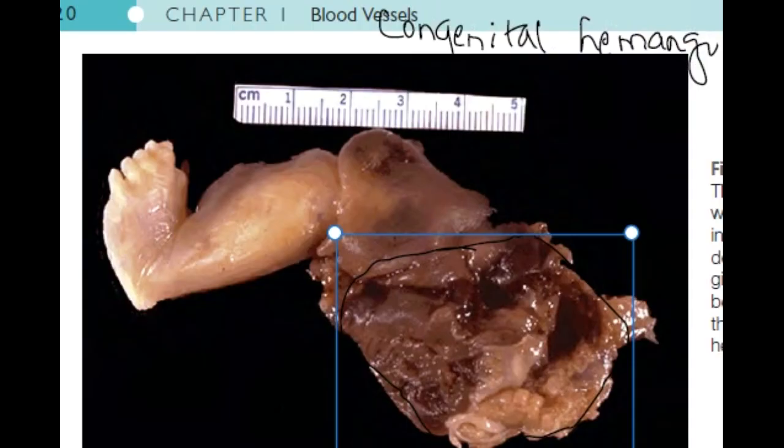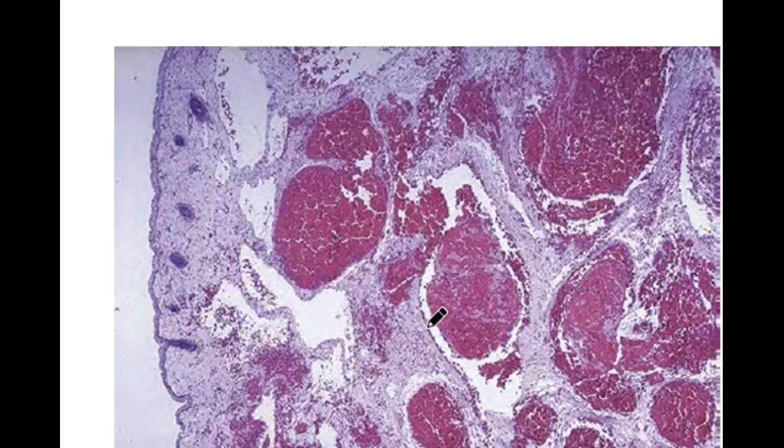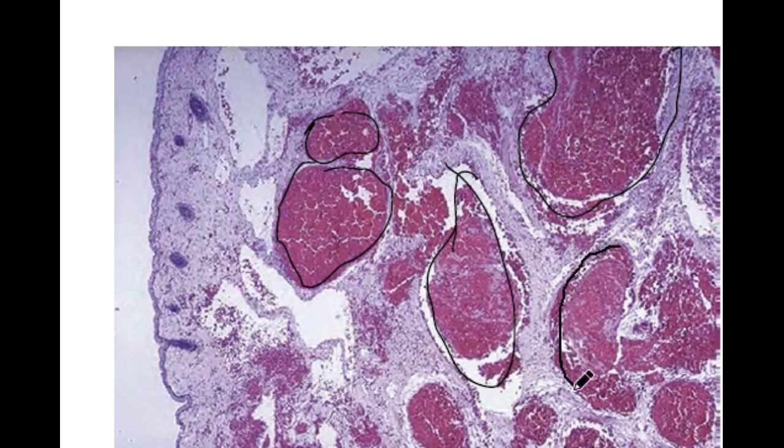The microscopic structure of hemangioma looks like this. So this is the skin. Underneath the skin you can see many vascular or venous channels. These are many dilated vascular spaces filled with blood that extend to the underlying adipose tissue.